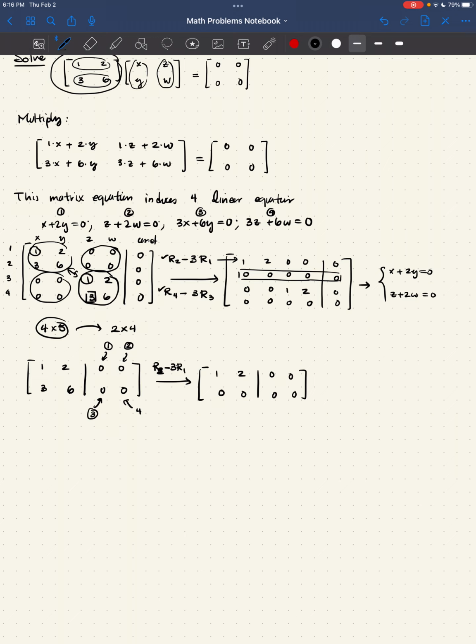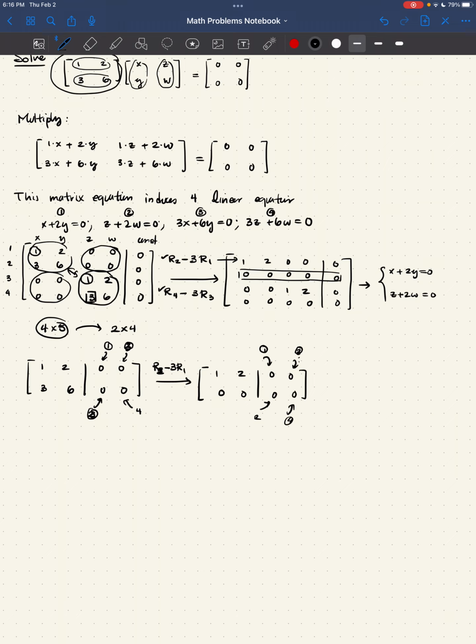Remembering what we were doing before, whatever we have here is associated with equation 1. This one with equation 2. Sorry, there's a mistake here. This should be 2 and 3. This one with equation 3. And this one with equation 4.